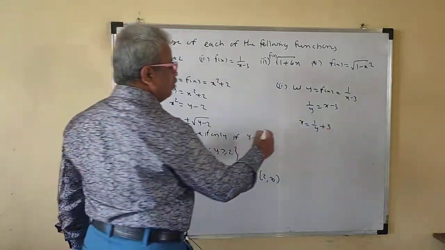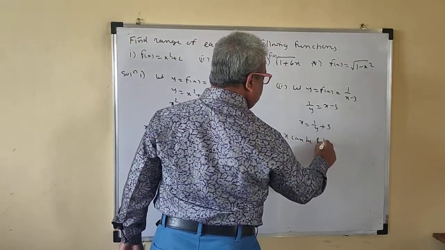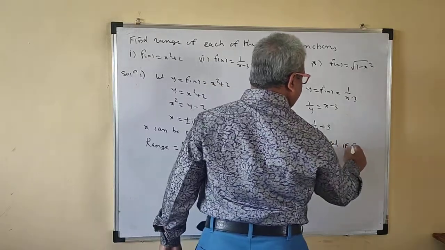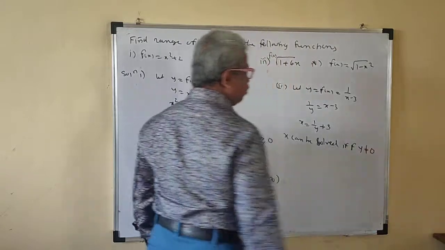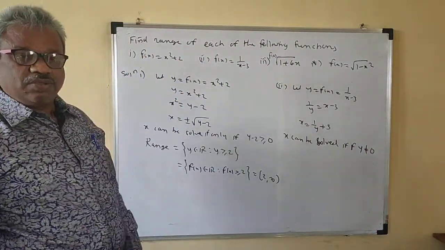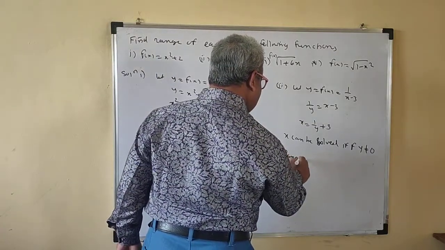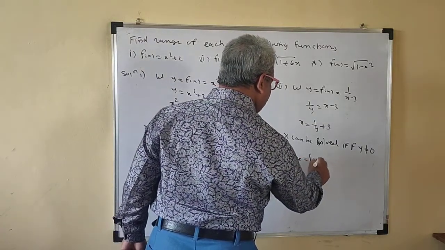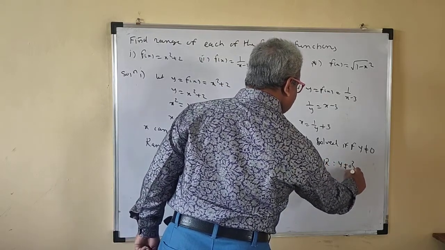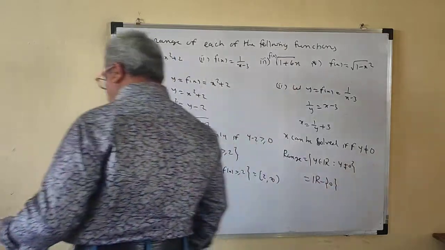X can be solved if and only if y is not equal to 0, because if y is equal to 0, then your x will be undefined. So therefore range is y belongs to R such that y is not equal to 0. You may write this as R minus singleton 0.